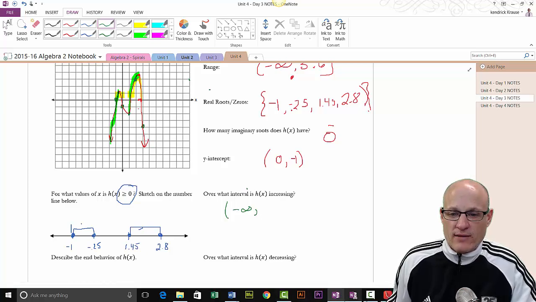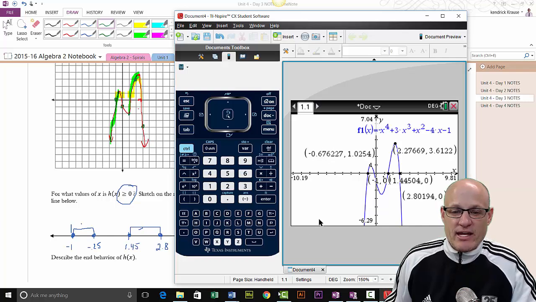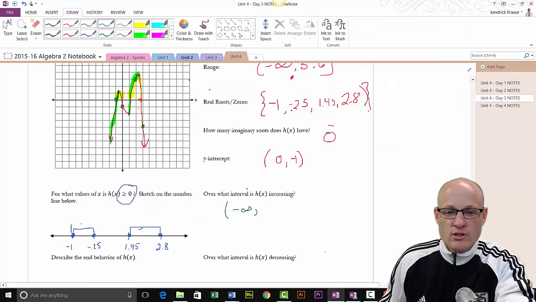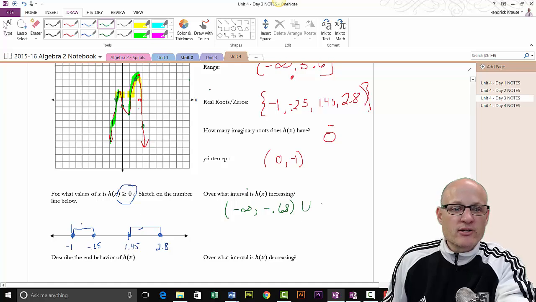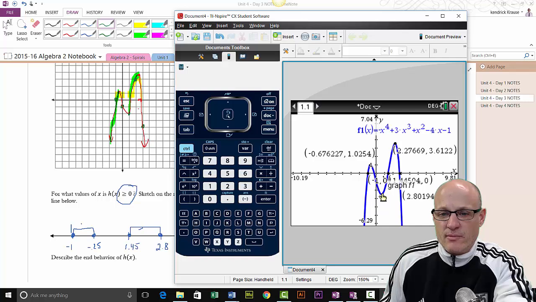I had to go maybe back to the graph and look. I didn't come up with this maximum. Oh, yes, I did. There it is. It's at the x value negative 0.68. So to negative 0.68.